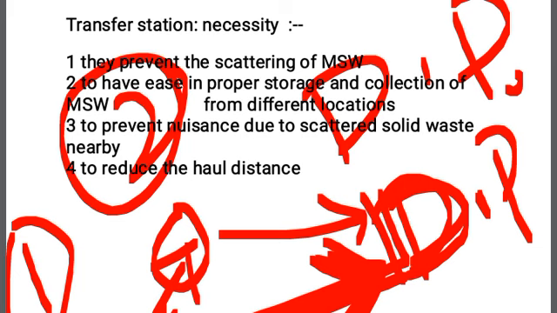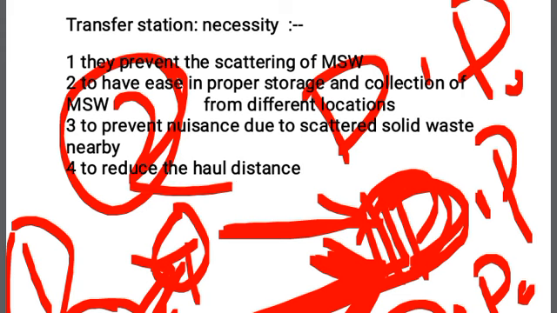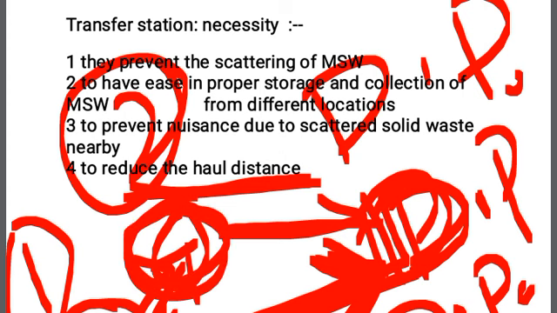To reduce this distance between the source and the disposal plant, the transfer station is provided nearby the area. So the hauling distance is automatically reduced by constructing the transfer station in between the source and the disposal plant.